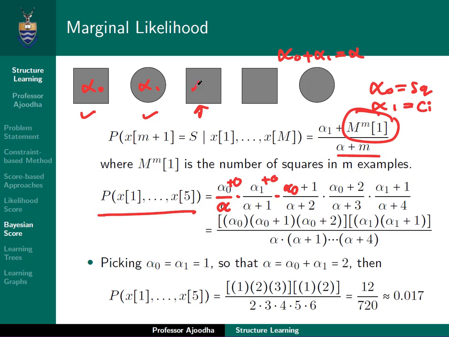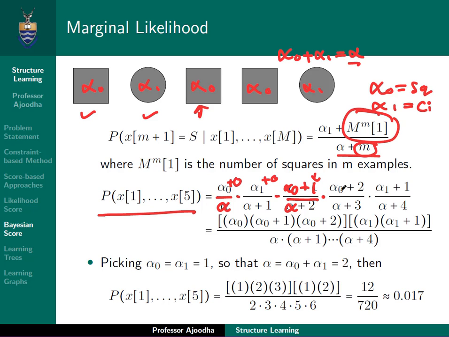This is a circle, this is a square, this is a square, this is a circle. Anyways, I was here, and I did see a square before, so that's why I put a 1 here. So it's the prior for squares, plus, I saw 1 square before, divided by my total alpha plus 2, because 2 is my number m.